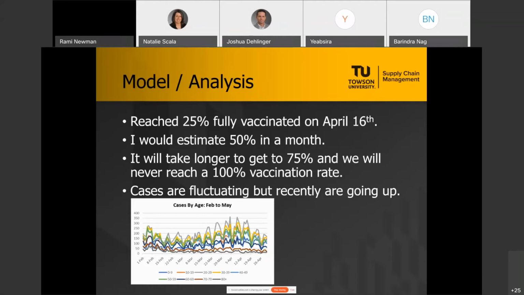So even though we're about a third fully vaccinated, we still have the same number of cases throughout this 3-month period. It shows that people are getting sick of being inside and being a little bit more risky, and the cases still aren't going down, which I would have thought they would have.